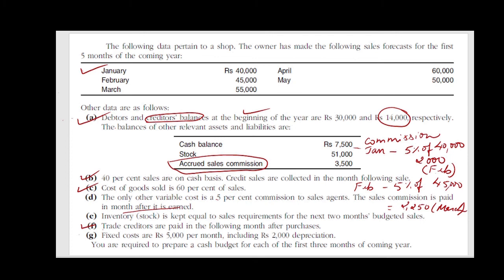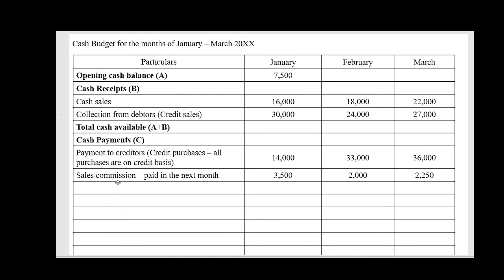Refer to G. Fixed costs are rupees 5,000 per month. But this includes rupees 2,000 depreciation. I already mentioned depreciation is a non-cash item. As such, this should not be taken into consideration in the cash budget. So the fixed cost for every month will be 5,000 minus 2,000, that is 3,000. There is no payment lag for fixed cost.